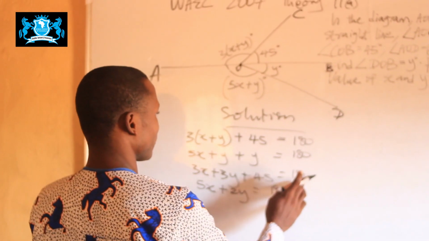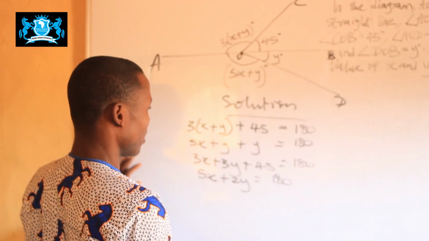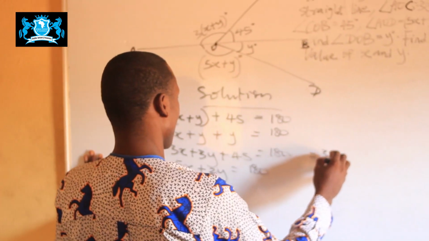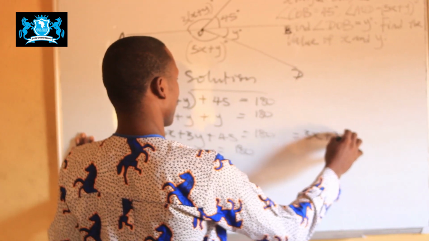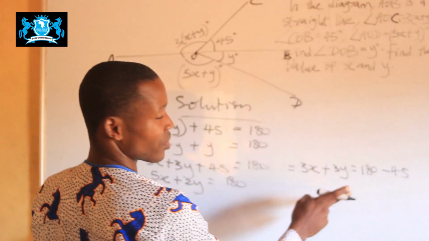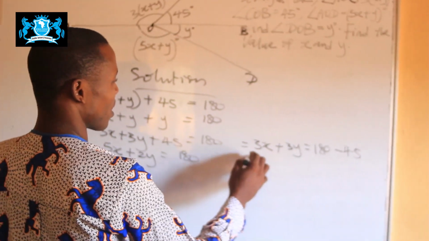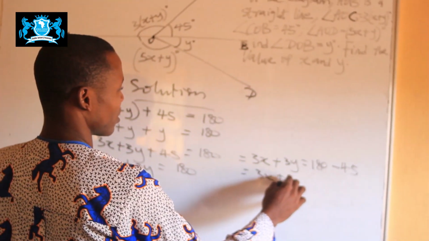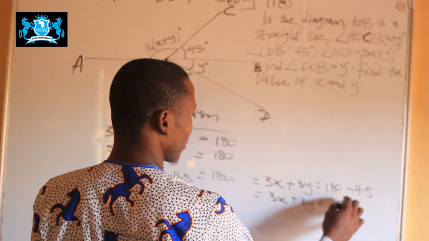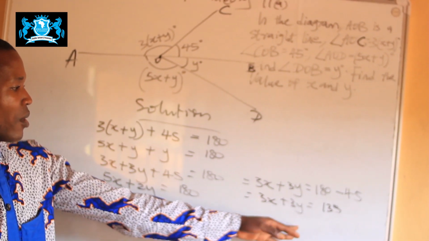Let us call this one and that one, but we will not stop here. In this equation, we can still go further and say 3x plus 3y equals 180 minus 45, because 45 crosses the equality sign and meets 180. So we will now have 3x plus 3y equals 180 minus 45, which gives us 135.